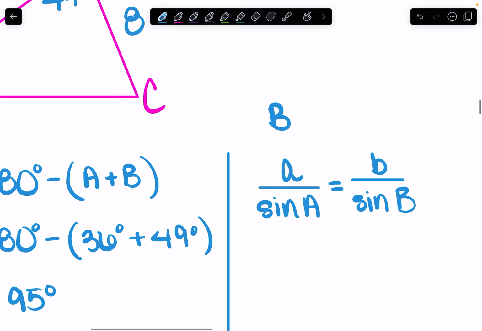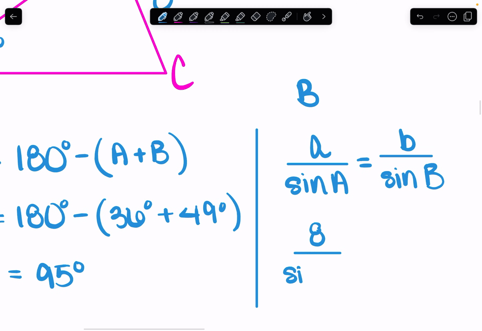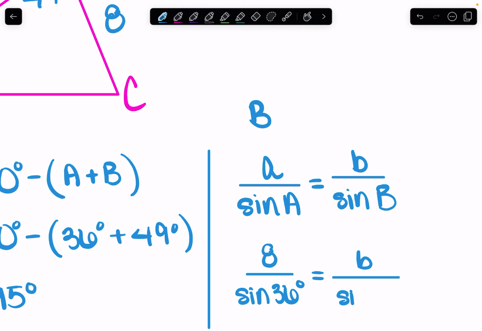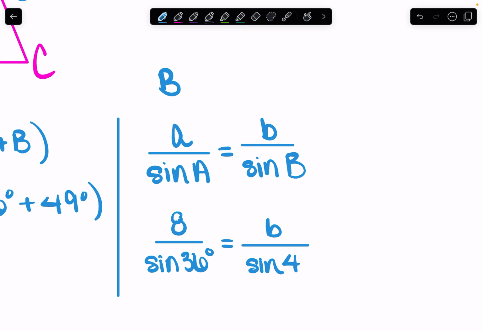Side a is 8, angle A is 36, so sine of 36. Side b is what we're missing, and sine of angle B is sine of 49. Again, make sure you are in degree mode or these will come out wrong.